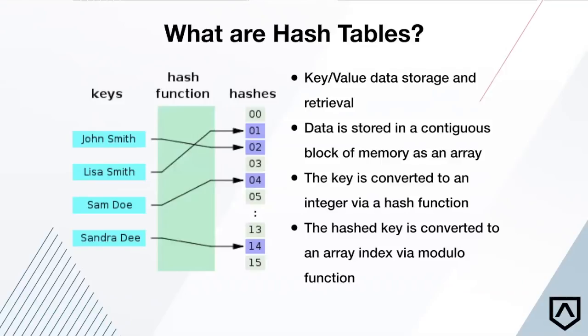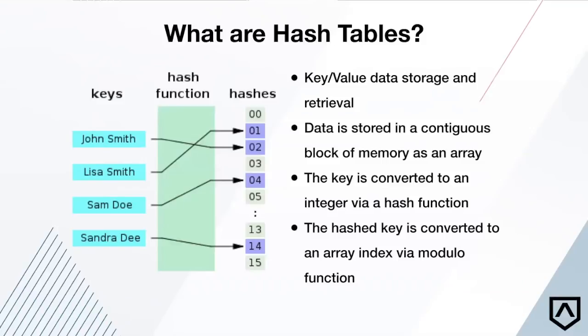A hash table will take a key in any form, usually a string or different things. It runs it through a hash function, which will change that key into an integer. And then that integer is run through a modulo function to make sure that it's within a certain range. In this case, 0 through 15. So John Smith is a string.